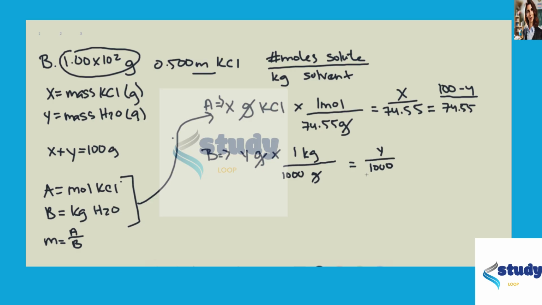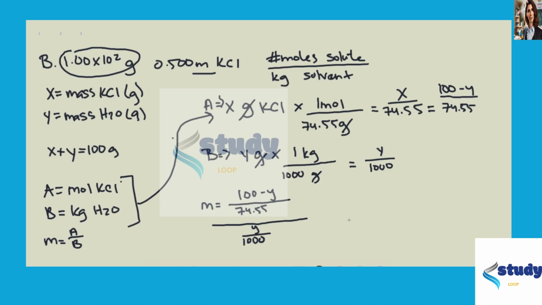Like I said, I have both of these terms now in terms of Y. So what we can do first is plug our A and B factors into this molality equation. A is 100 minus Y over 74.55, and that's over our B component, Y over 1,000.